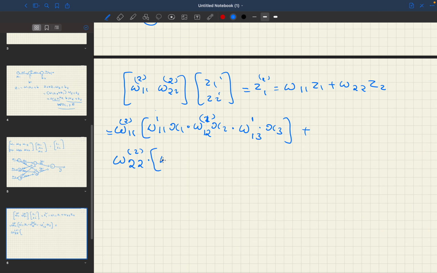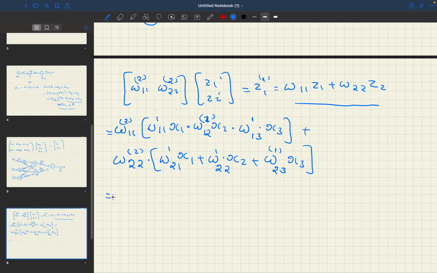Z2 can be W21 X1 plus W22 layer 1 X2 plus W23 layer 1 X3, right? This is the expansion of this particular formula, W11 Z1 plus W22 Z2.